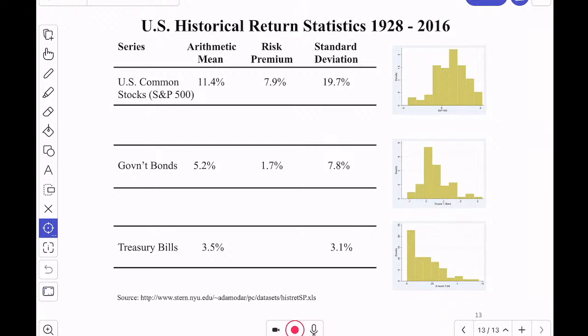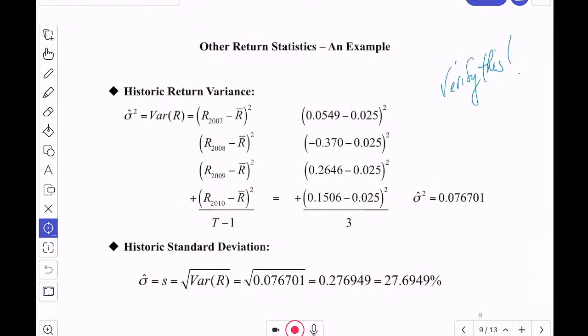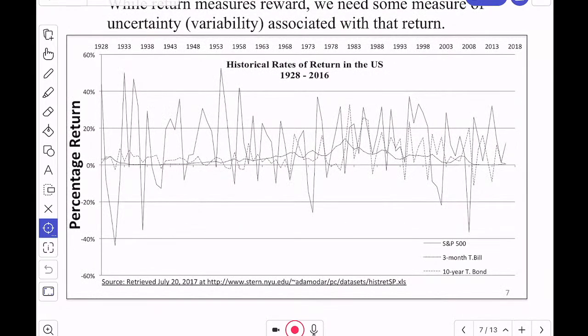The important thing is, though, that the mean is not 0. The average is positive. So even if you don't see it in this chart, over this entire time period, on average, the returns went up.